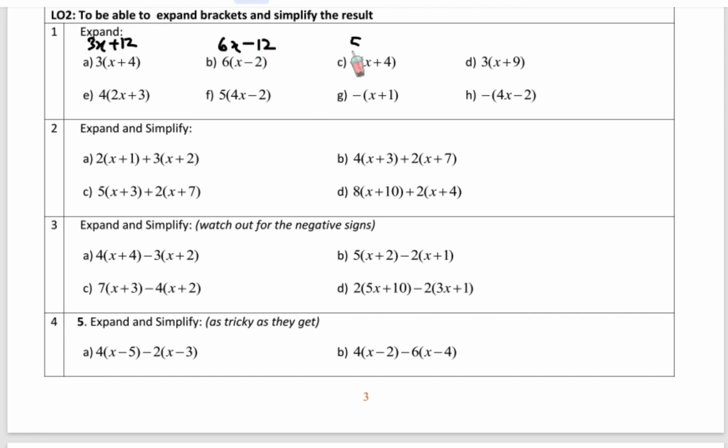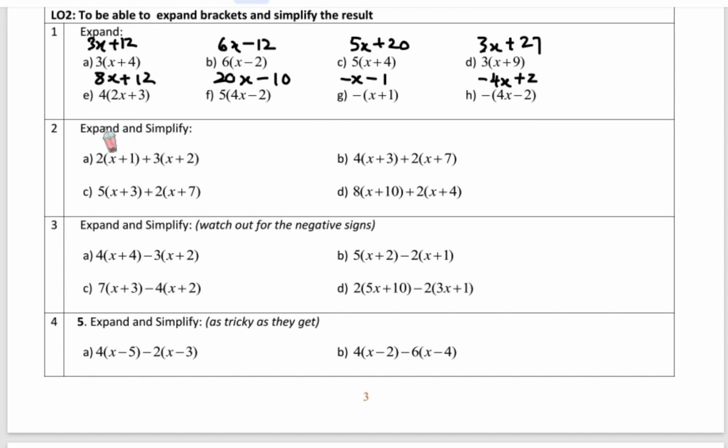For C it will be 5x plus 20. For D it will be 3x plus 27. For E it will be 8x plus 12. For F it will be 20x minus 10. For G it will be negative x minus 1. And for H it will be negative 4x plus 2, because negative will be positive.